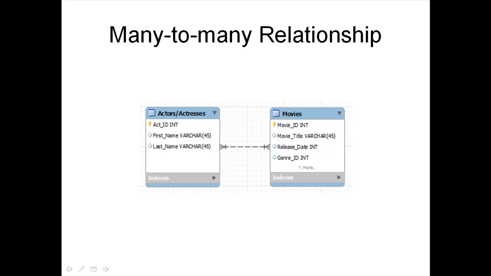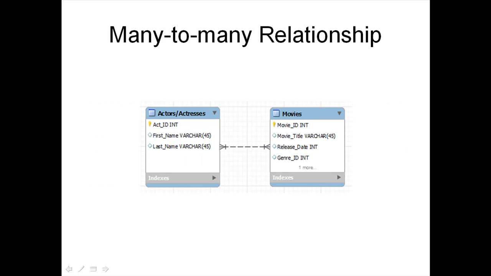Because some actors and actresses appear in hundreds of movies, and some movies involve hundreds of actors and actresses, you would end up with a large number of columns in one or the other table in this relationship.